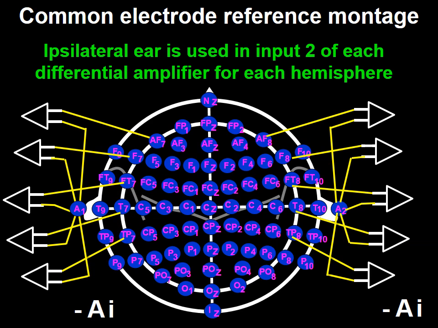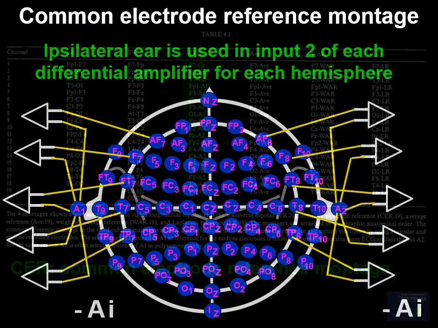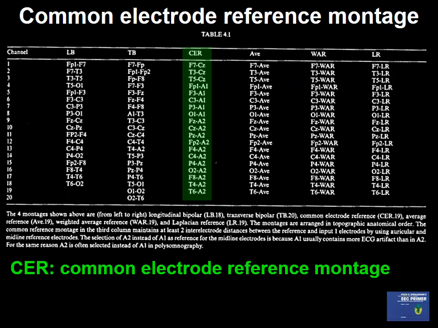But that is not all. The guidelines from the Academy of Clinical Neurophysiology also consider common electrode reference montage when an ipsilateral ear is used to connect each hemisphere. And the EEG Primer, 3rd revised edition, lists as common electrode reference montage a montage with an arrangement that includes 3 different reference electrodes coming through input 2.